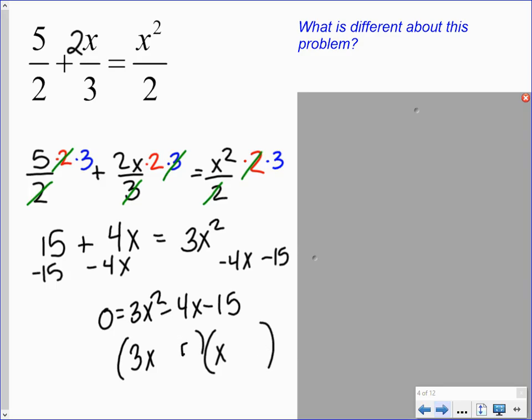I could try switching them, 5 and 3. And then I redo my outside and inside terms. 3x times 3 is 9x. 5 times x is 5x. Will 9x and 5x make negative 4x? Yeah, if 9x is negative and 5x is positive, so this will be minus and plus.